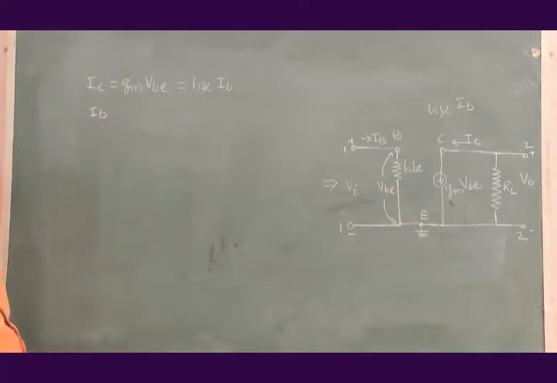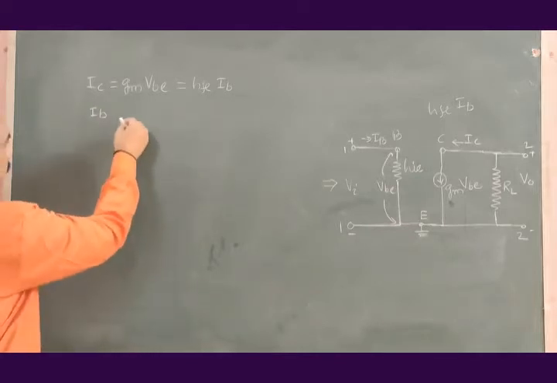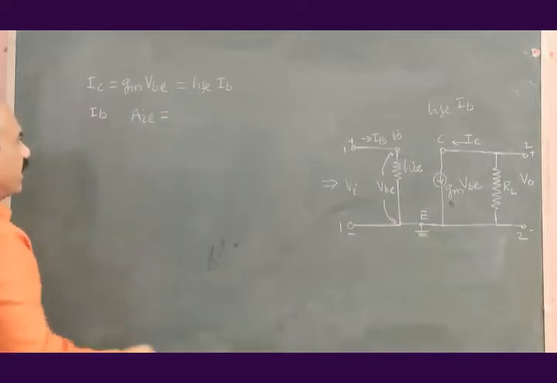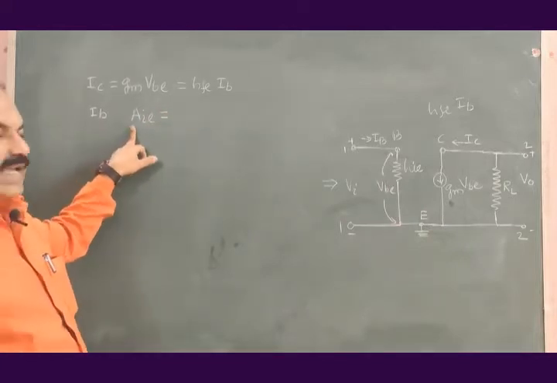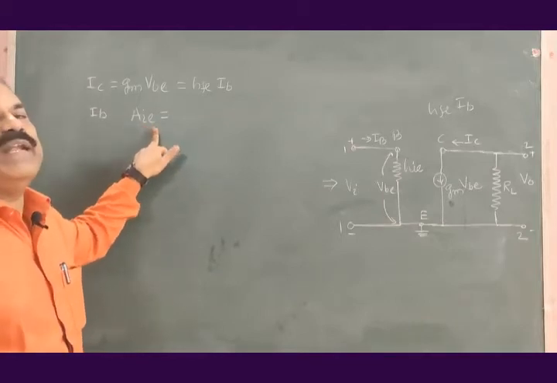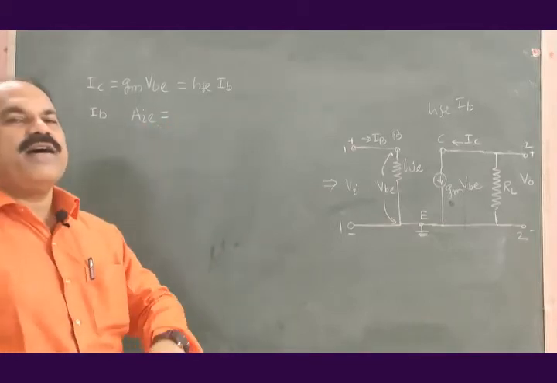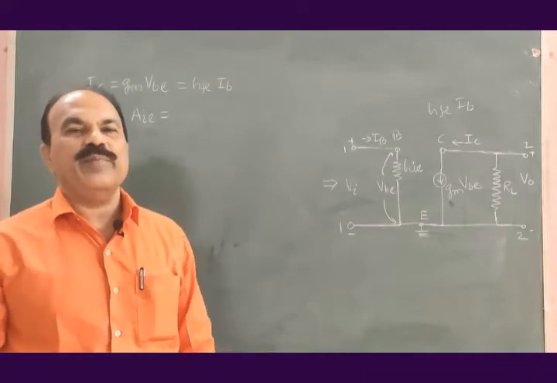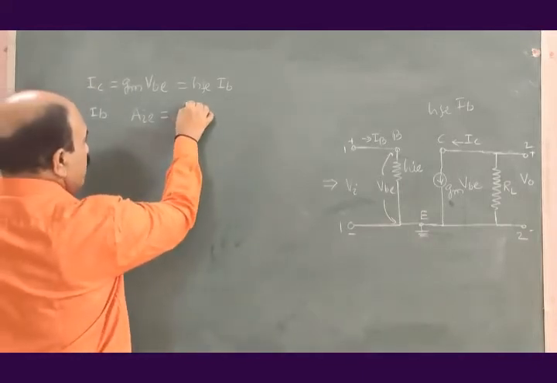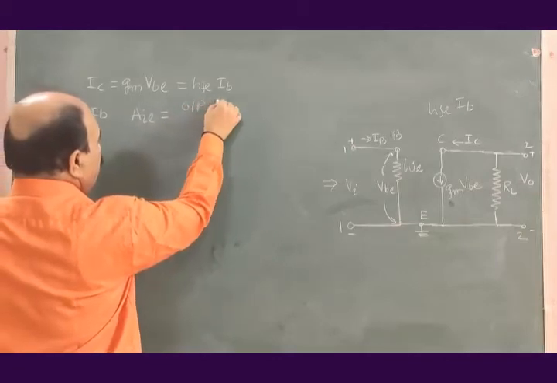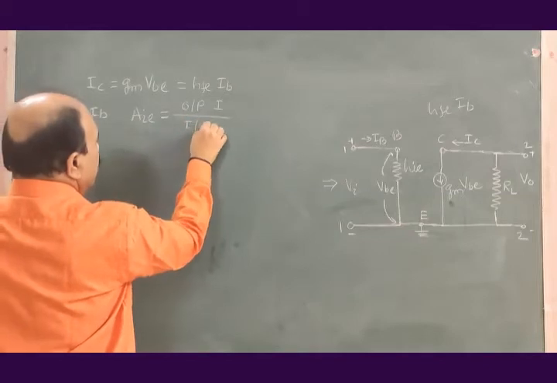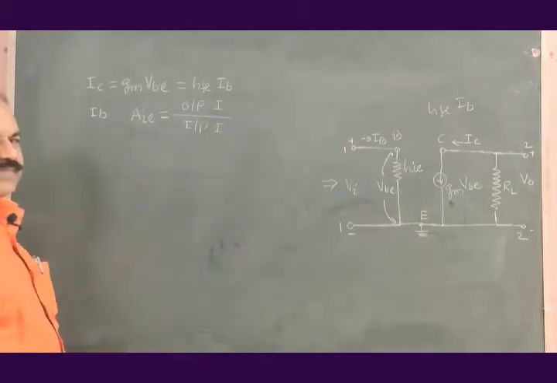Current gain AIE. A for gain, I for current, E for common emitter. AIE, current gain of common emitter amplifier. It is the ratio of output current to input current.